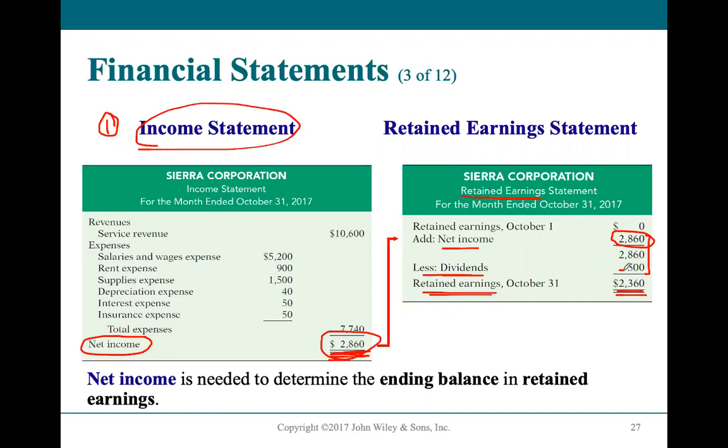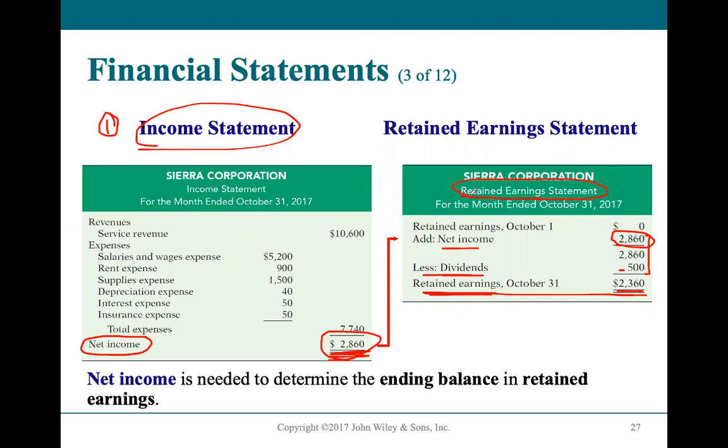$500 of it has been paid out as a dividend. So that's going into the owners' personal pockets, as people, not as owners of the corporation. So dividends are subtracted out. Retained earnings are the portion of the profits that are kept in the company.